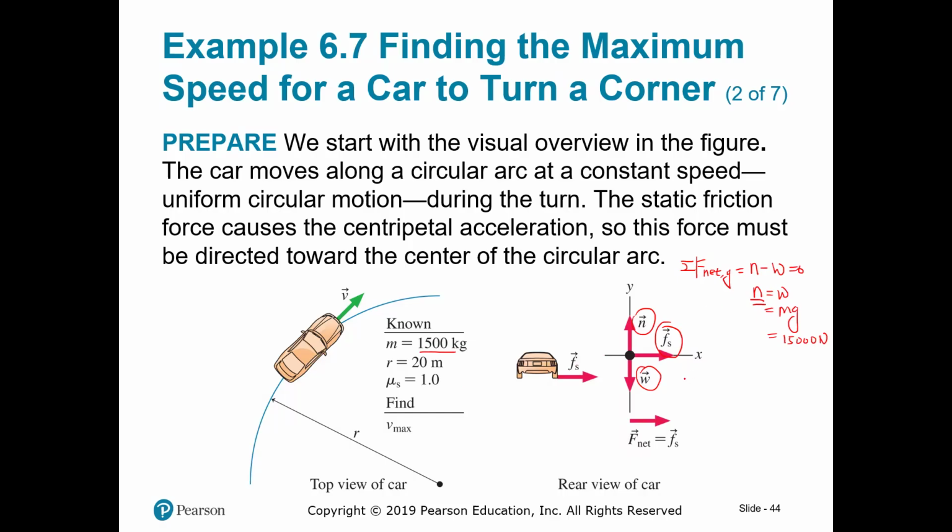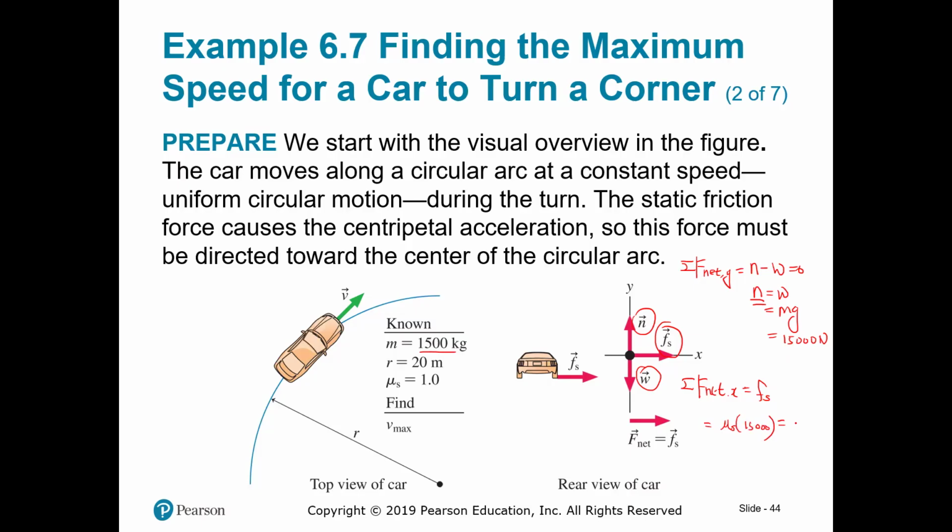And then the horizontal motion is what? F net x. Fortunately, the friction force is the only force acting on the plane, right? The friction force is mu s times the normal force, which is 15000.